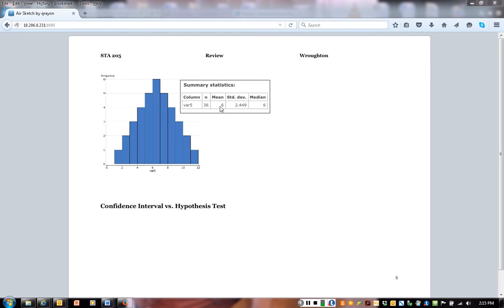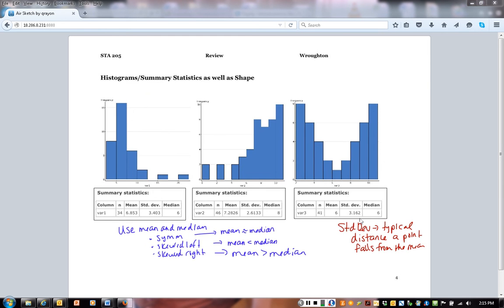This graph has the same mean and median as our last graph, but this 2.449 standard deviation is smaller than what we had in our previous example of 3.162. So the more data that's further from the mean, the larger the standard deviation you're going to get.